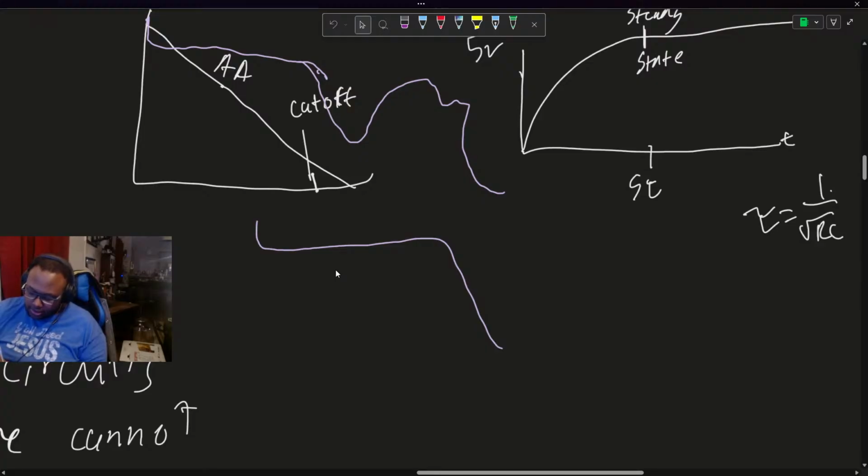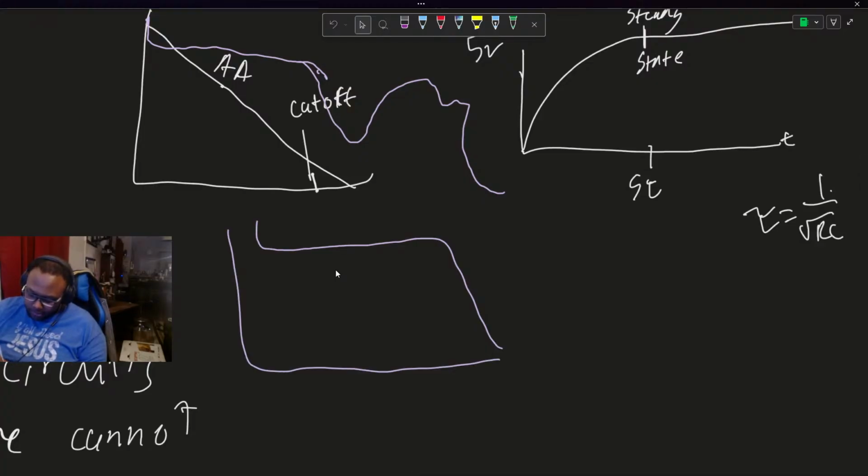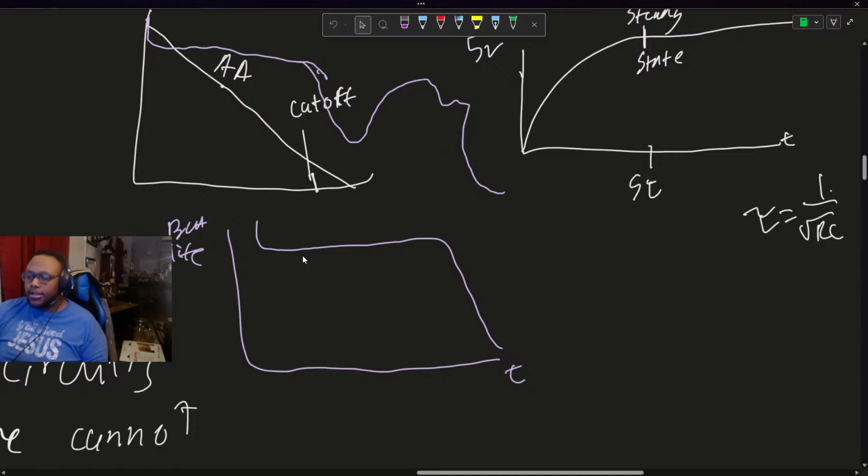This is battery life over time. Some years down the line, the battery life will be absolutely atrocious because the ions have worn out their energy, essentially.